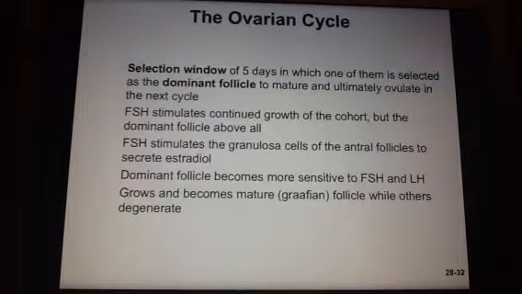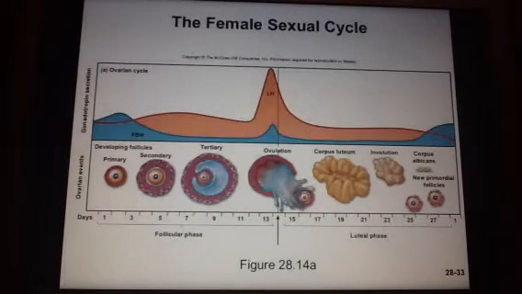The hormone FSH stimulates the continued growth of those follicles, but especially the dominant follicle gets the most growth. And the dominant follicle becomes more sensitive to the hormones and eventually grows and matures, just like we talked about in the previous video.